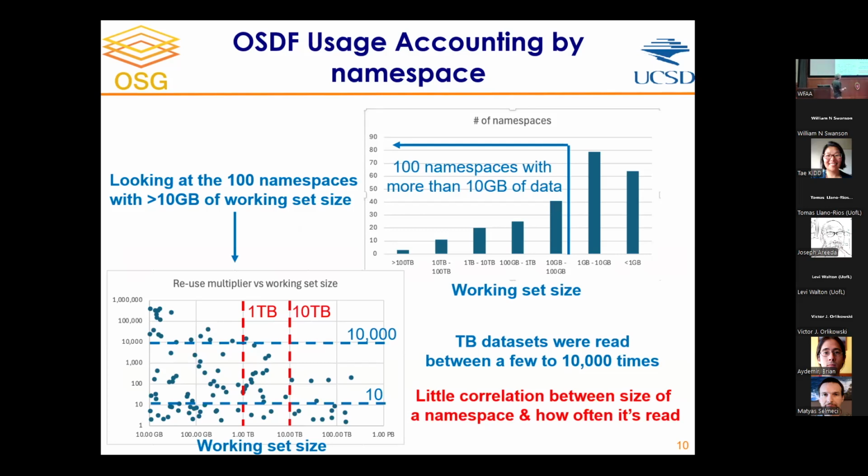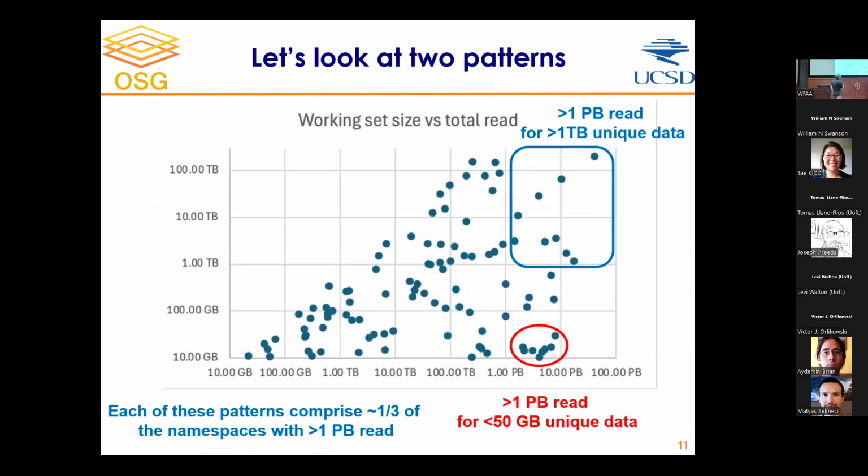And I dug in a little bit more and looked at this as the working set size versus total read. So working set size is here and total read is here. If you then look just at the people who have read more than a petabyte in a year, basically the big consumers, where do they fall?